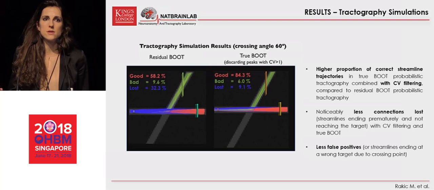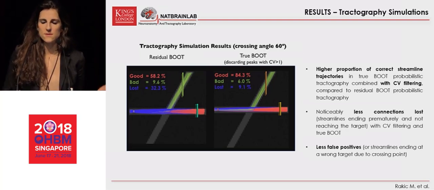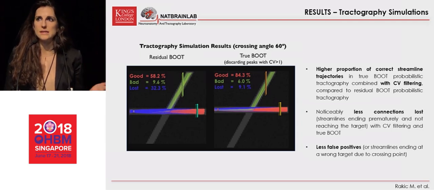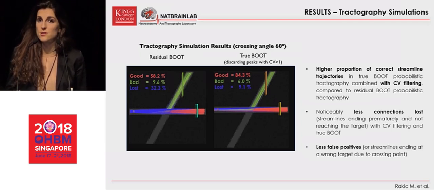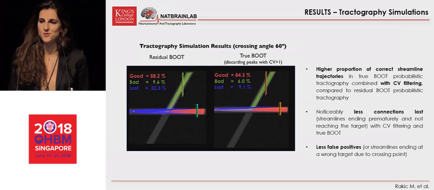These are the connections that end prematurely, and there are fewer false positives, the green ones which end at the wrong target, basically because they're pulled by the crossing fiber bundle at the crossing region.